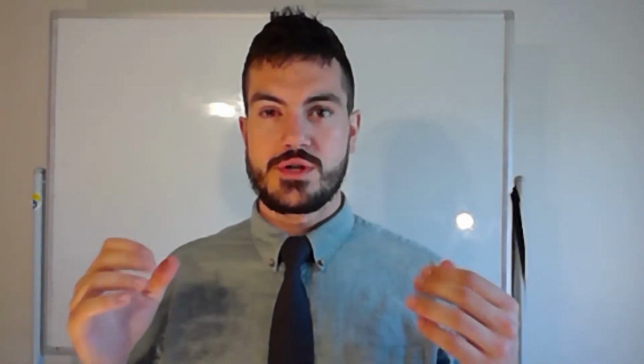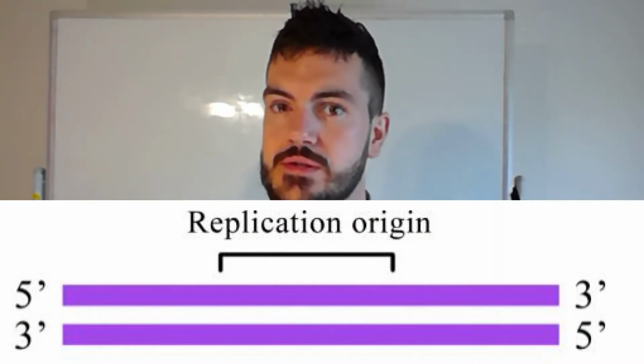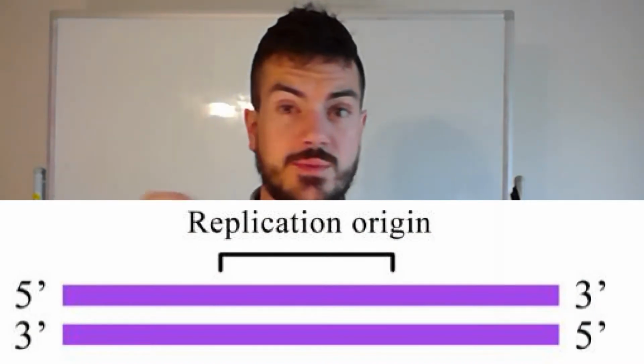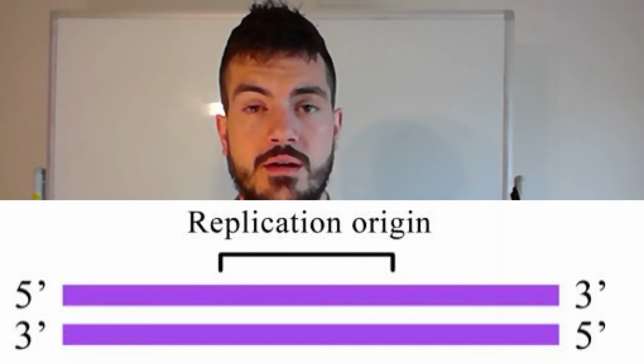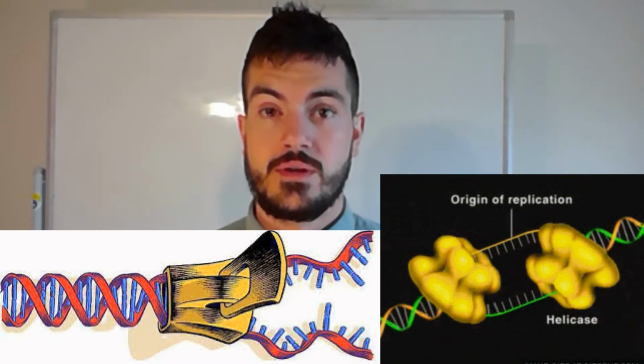So let's break down replication step by step. All right. So the very first step that happens is that the origin of replication is going to be recognized. Those base pairs are going to signal that this is where the origin of replication is. Now, the next thing that's going to happen is the zipper is going to come along, helicase.